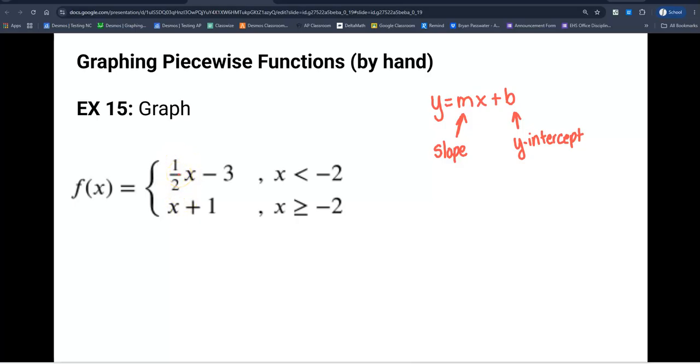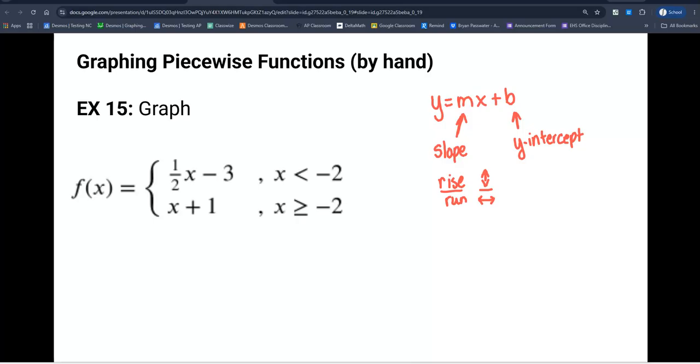It's the number next to your x. How do I graph a slope of 1/2? Up 1/2. It's rise over run. You go up or down first. That's your top number. Left or right for the bottom number, right?